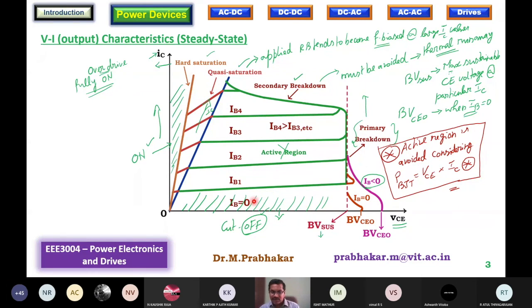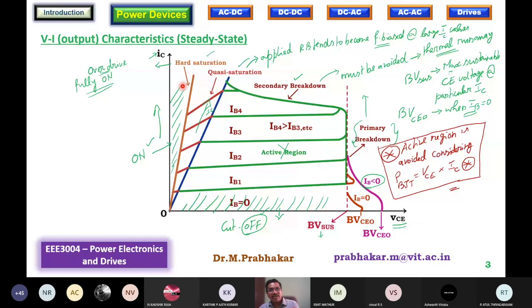One is this cutoff, IB equal to 0. Firstly, that has to be brought down to 0, first time duration, and then you have to establish positive base current, second time duration. Third time duration, with positive base current, make sure that the device is staying in the active region for some time. Then make the device move into quasi saturation, fourth time duration.